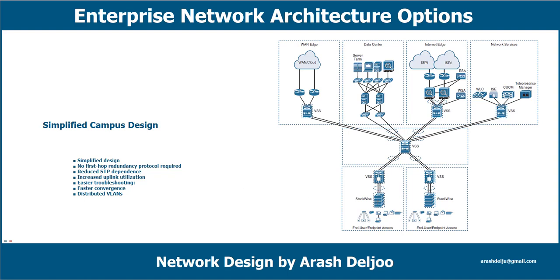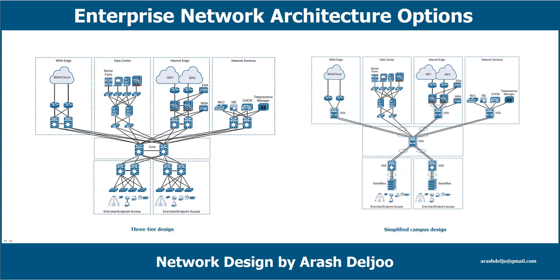Here you can see that with the simplified campus network design, we now use the benefits of multiple features in one design. Here we can compare the 3-tier design and the simplified campus design. In the 3-tier design, we have multiple links and multiple switches, and as you can see, this is a little complex.